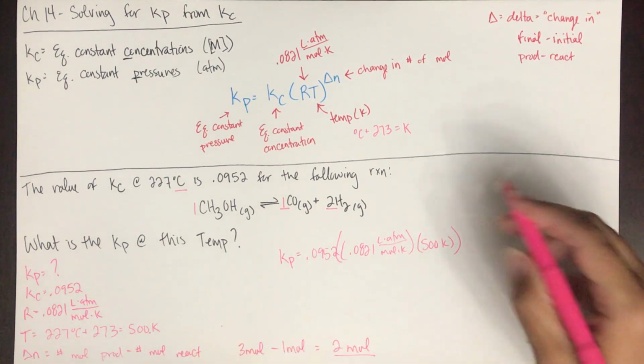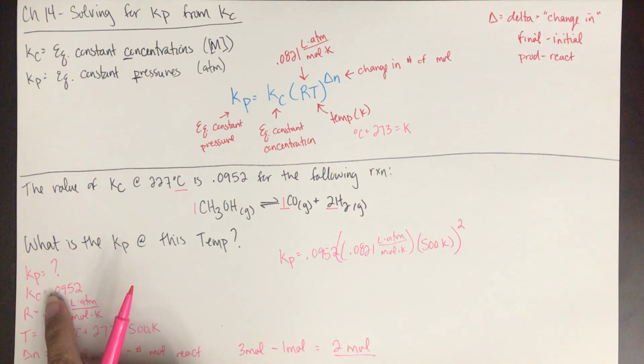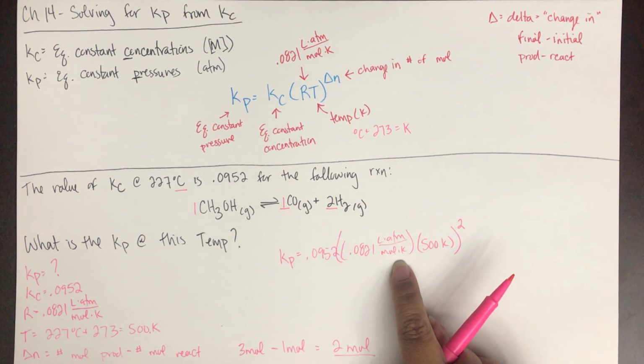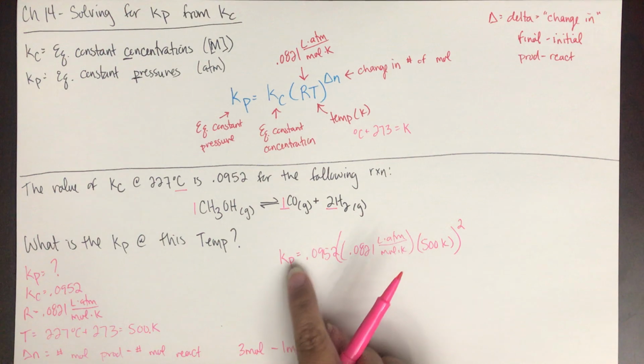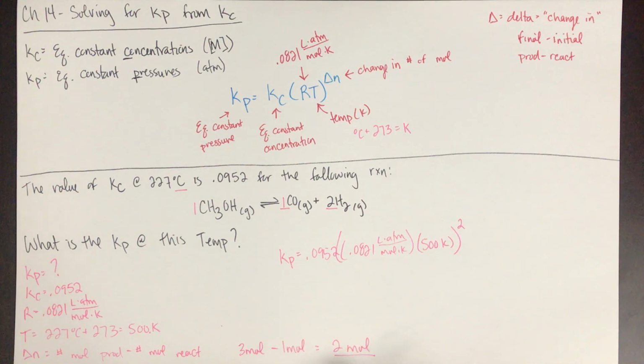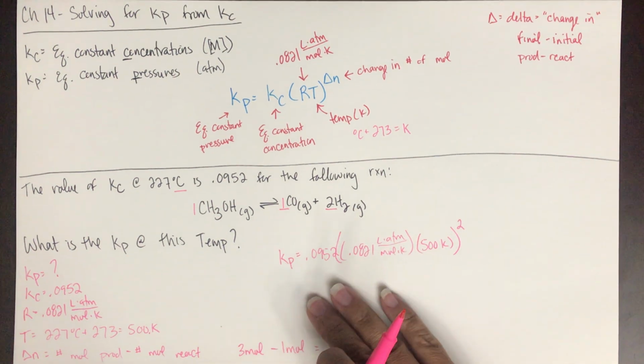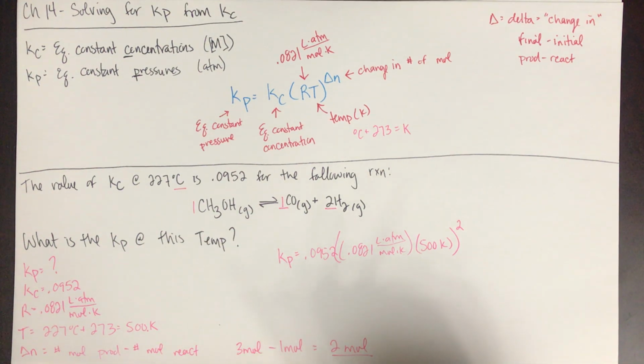All of this squared is going to equal my Kp. So if you think about everything that's happening here, because Kc is a concentration, which is moles per liter, atmospheres is what this ratio is going to be in, Kelvin is here, and then this is the change in the number of moles, so this is why it's always referred to as the pressure in atmospheres.